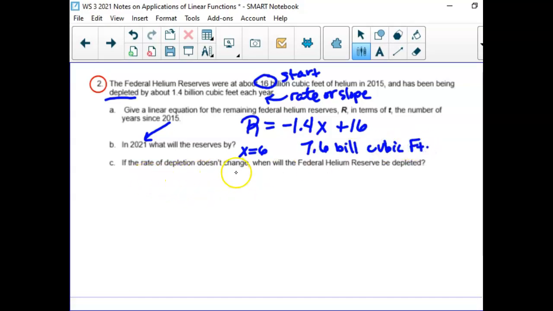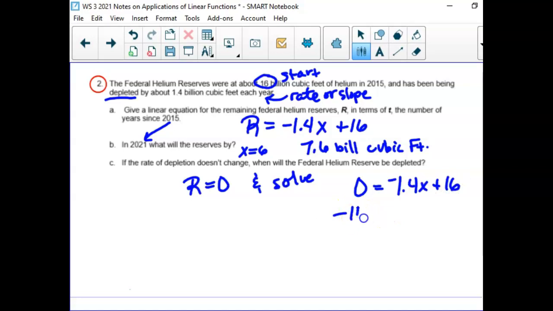If the rate of depletion doesn't change, when will the Federal Reserve be completely depleted? What is that asking us to do? Yes. So 0 equals negative 1.4x plus 16.